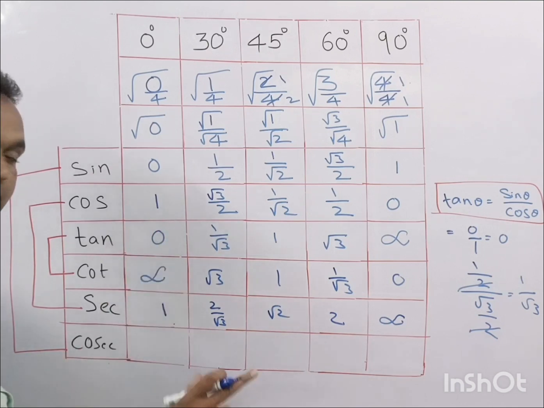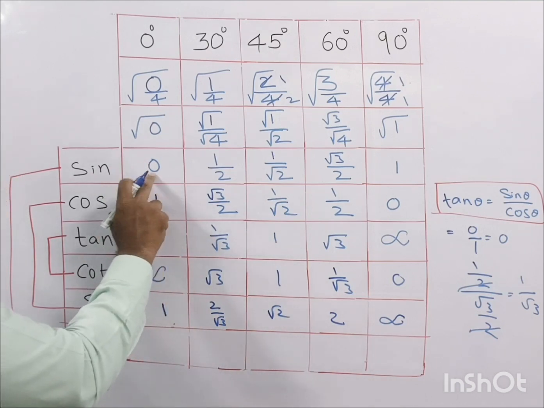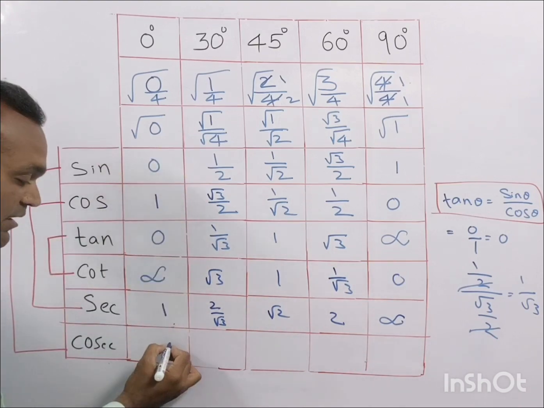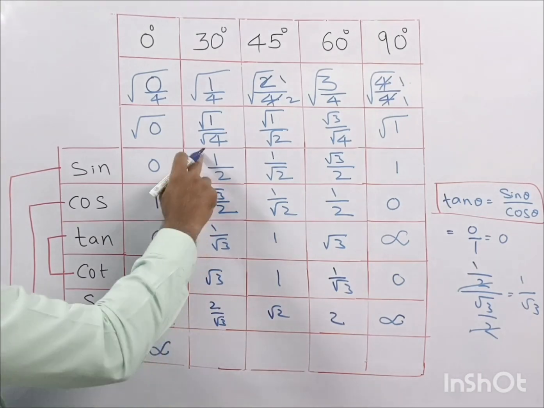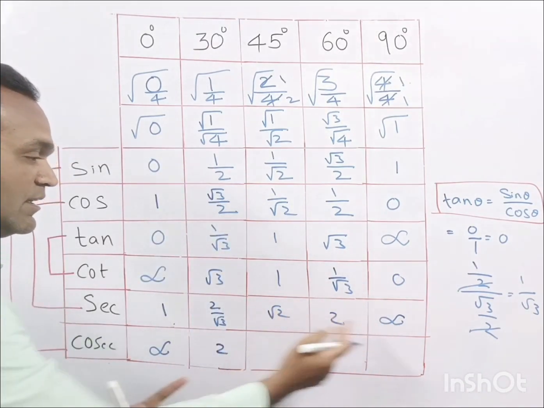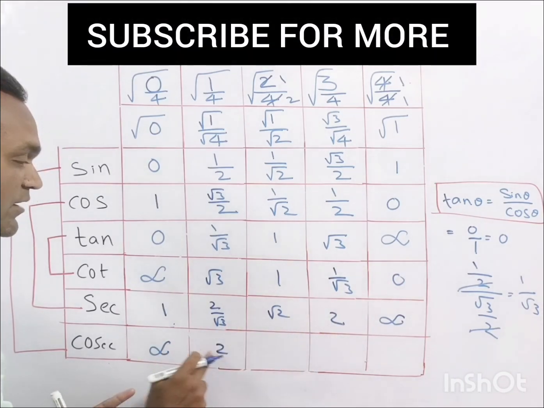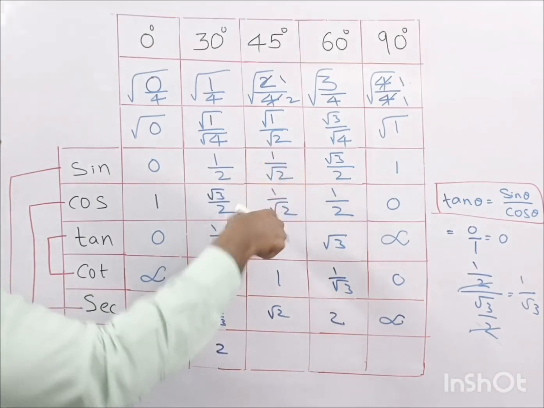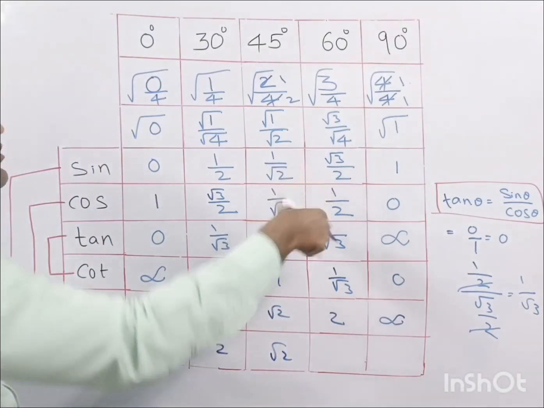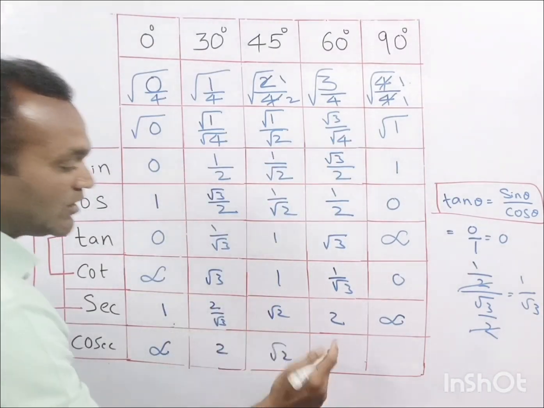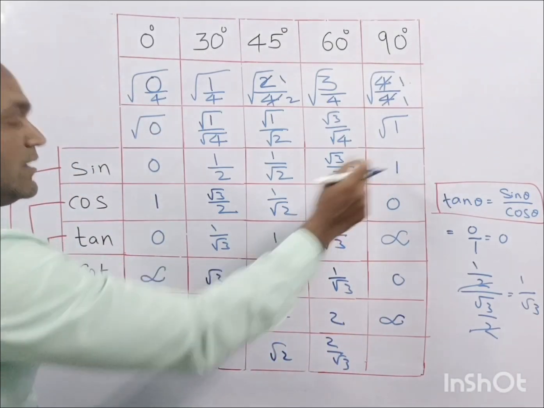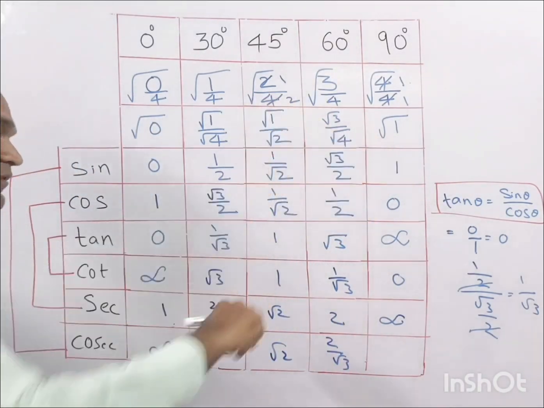So how to write it? 0 by 1, if you reverse it, is 1 by 0, which means infinity. And 1 by 2, if you reverse it, will be 2. Here 1 by root 2, reversed, will be root 2. Root 3 by 2, reversed, is 2 by root 3. And here 1 by 1, reversed, is also 1.